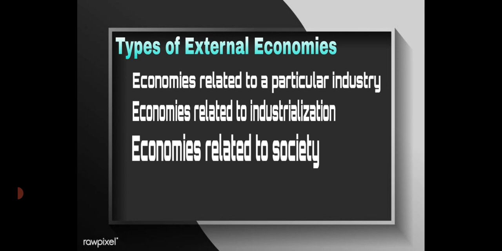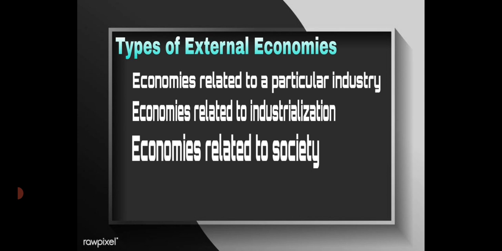Second one, economies related to industrialization. If there is a great concentration in a specific place, many people come to look for jobs there. Similarly, the communication expenses can be shared. The activities of the essential services sector multiply, providing more advantages to firms in the industrialized area.